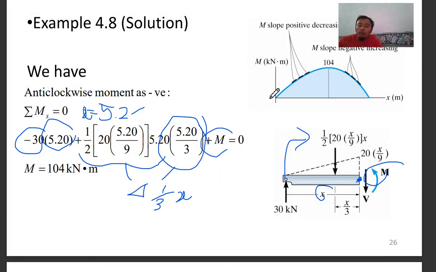When you have a pin here and roller here, there will be no bending moment at the end of the beam, unless it is a cantilever beam where you have a fixed support here. Then you can expect a spike of bending moment, which reduces until zero at the end.